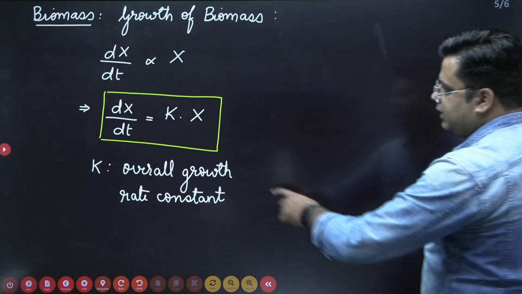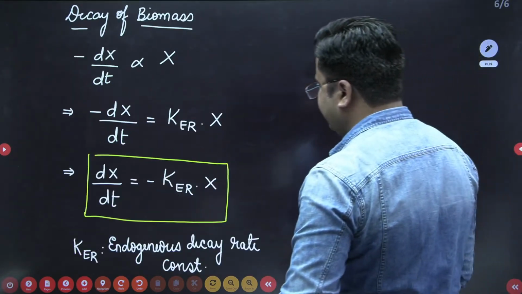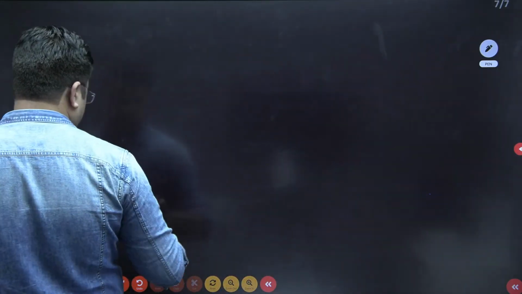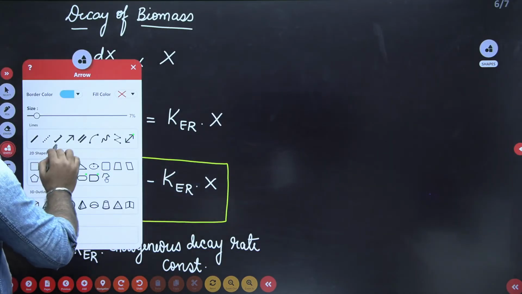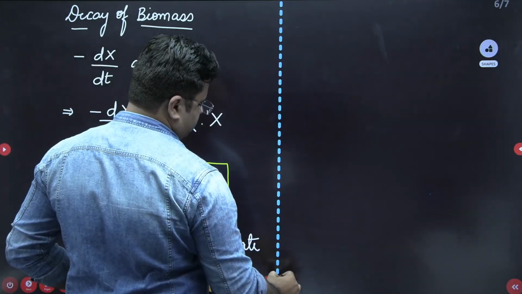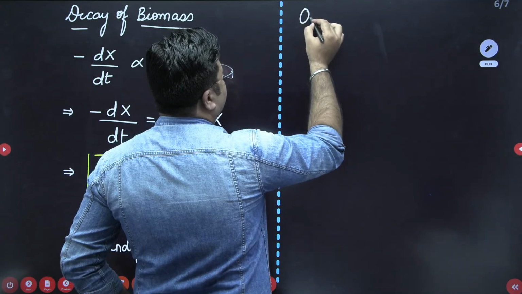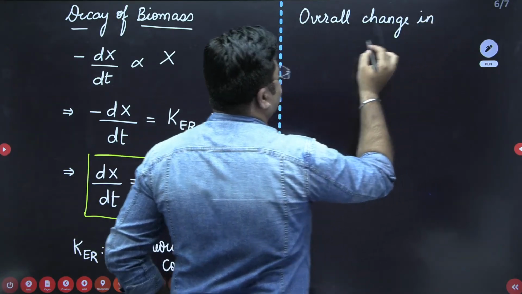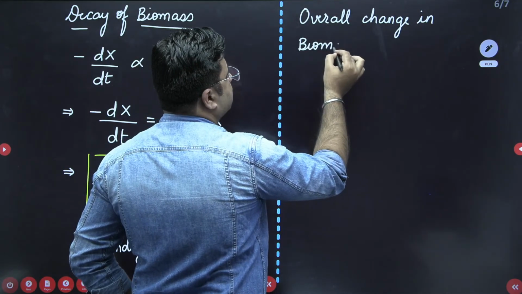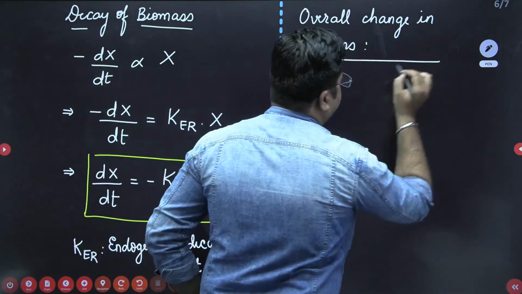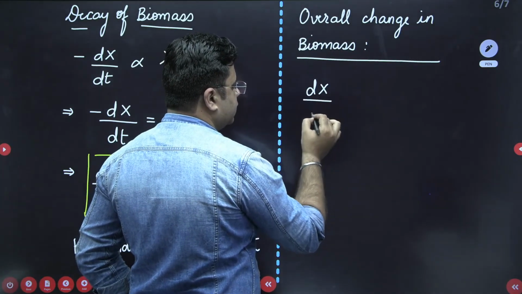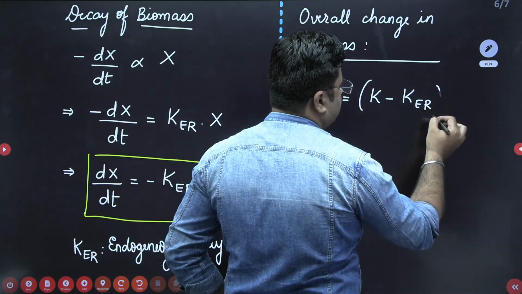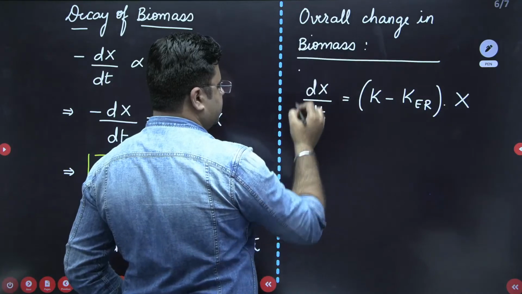The growth of biomass is dX by dt equals k into X, and the decay of biomass is dX by dt equals minus KER into X. So the overall change in biomass can be written as dX by dt equal to (k minus KER) into X. This is the overall change in biomass.